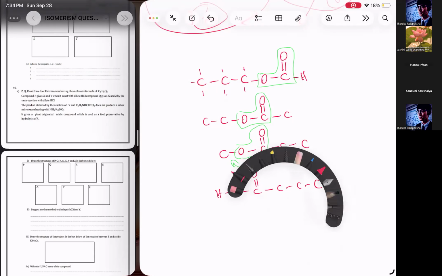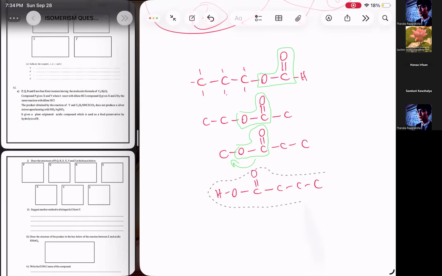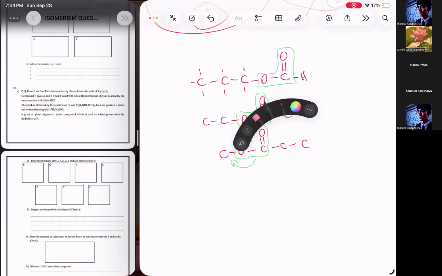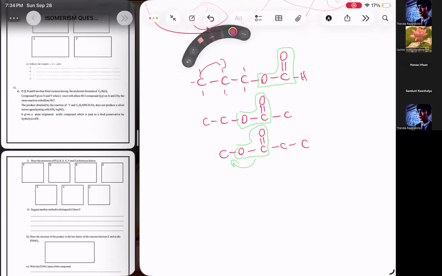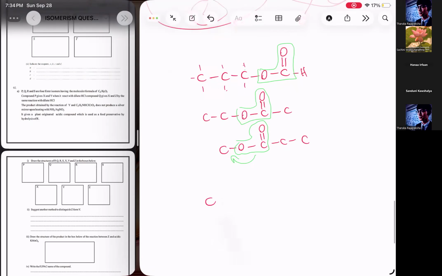So the only possible way to draw another structure is by putting this carbon to another place, not here but here, like this. So these are the four structures which can be drawn for this compound.